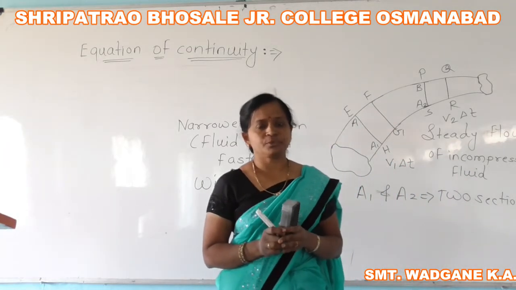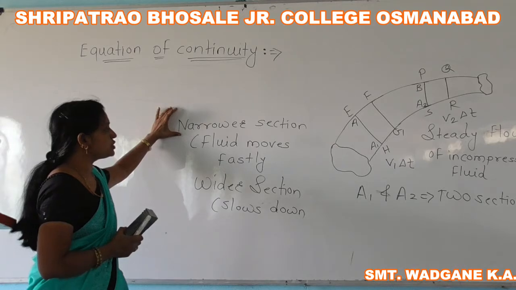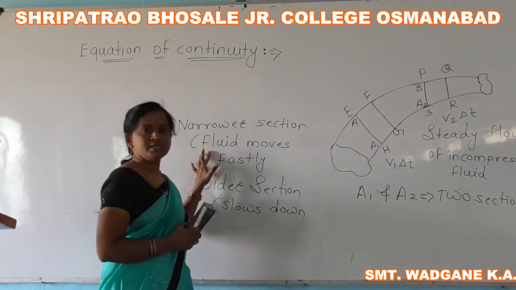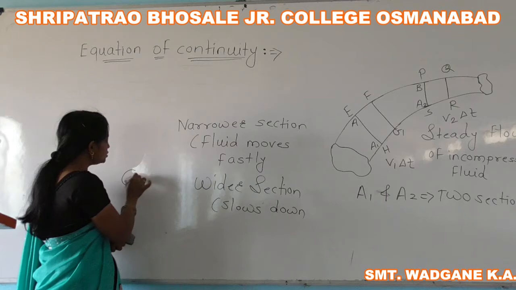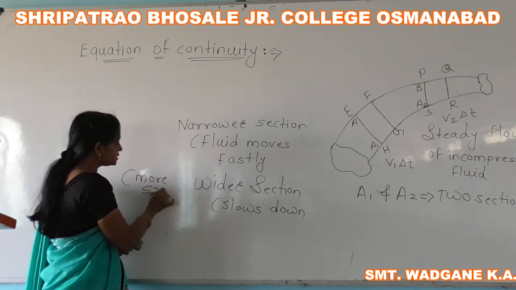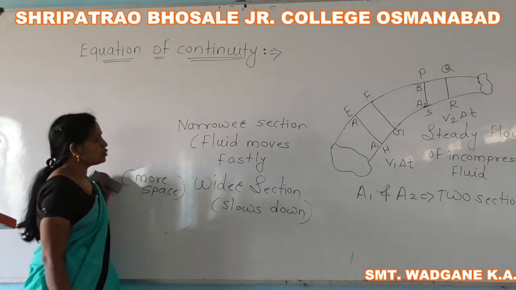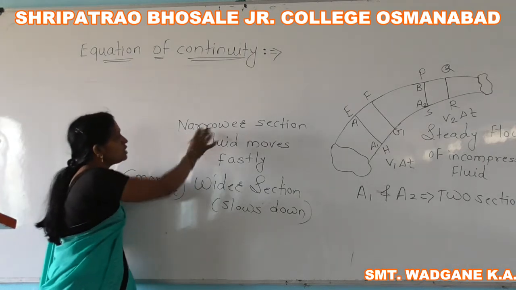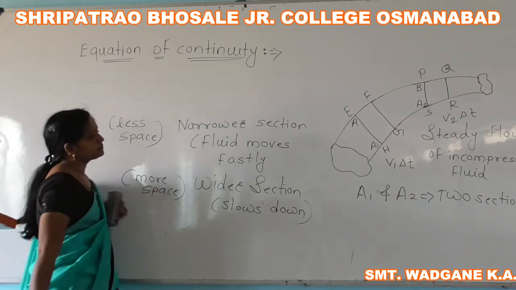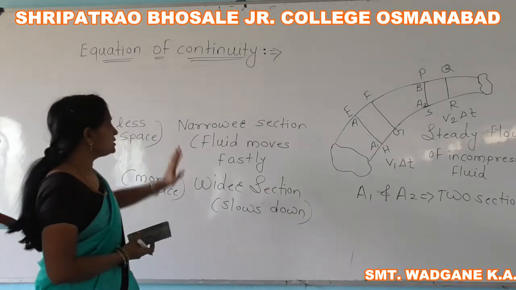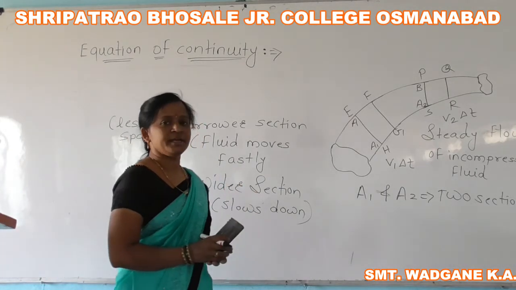When the fluid moves through the narrower section, there is less space and it moves fast. When it moves through the wider section, there is more space, so the particles slow down and move slowly. In the narrow section, particles collect behind and therefore the velocity increases.